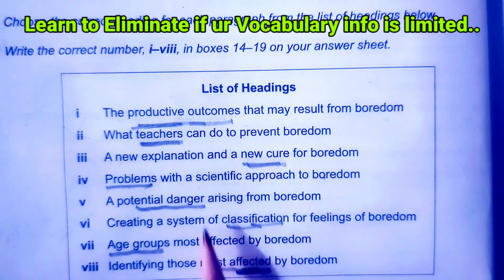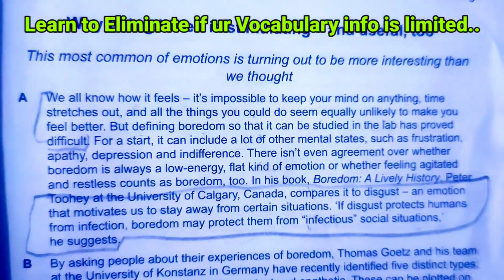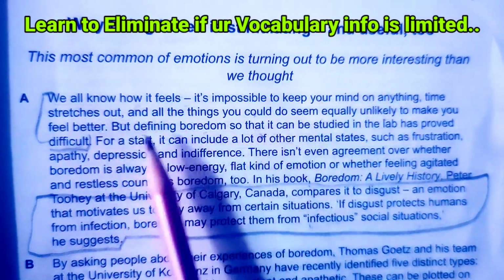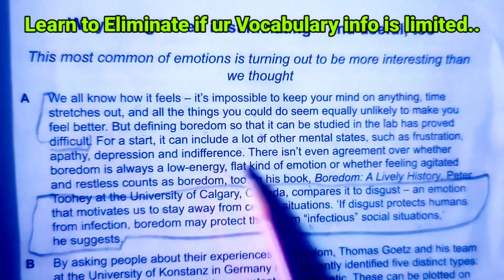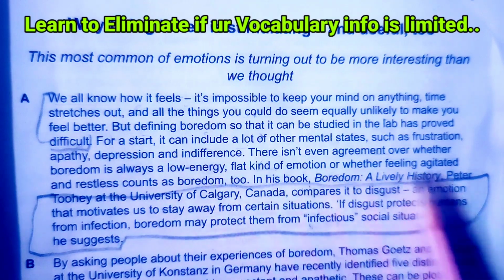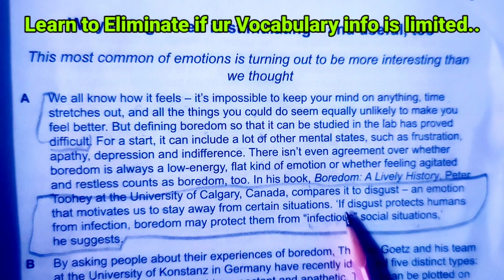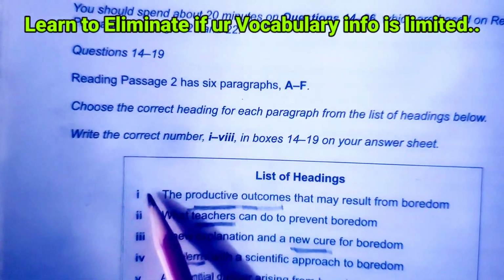So let's start with the first one, productive outcomes. Are they giving us what the benefits are? Here he was saying that defining it can be tough in the lab. After that, he was talking about frustration, depression, indifference and all. Here he was comparing it. So no productive outcomes are given, right? So the first is eliminated. Fine.